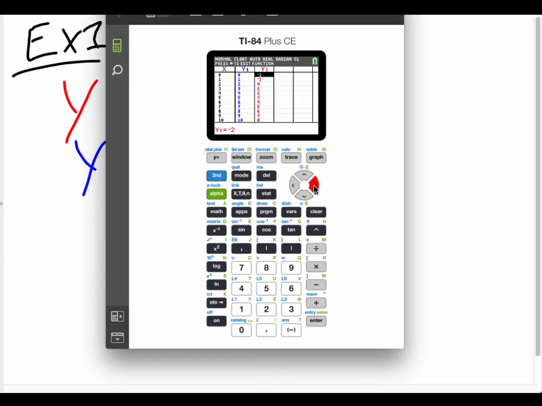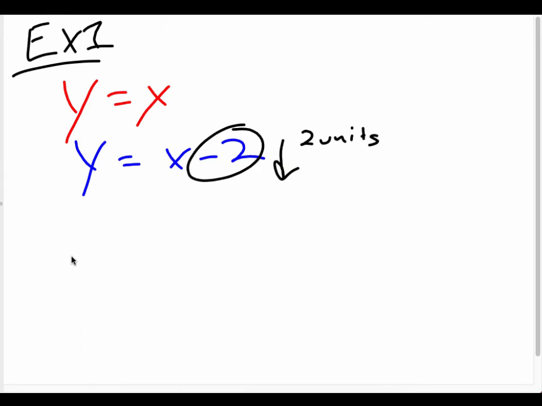So notice that the red column is always 2 units less than the blue column. When x equals 8, y equals 8 for my first function. And then for my second function, x minus 2, I'm just going to subtract 2 from 8 and I get 6. See how that works? Graphically, this is what it looks like. All right. Let's move on to example number 2.